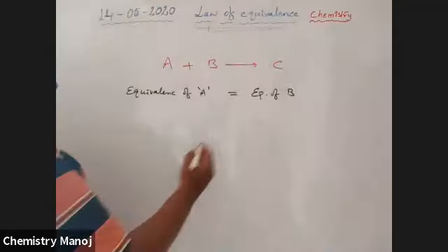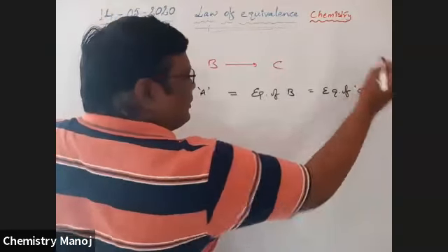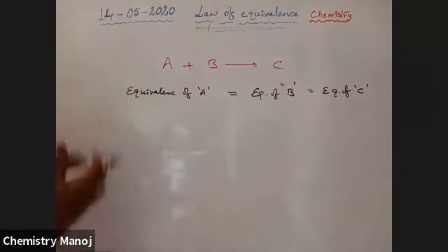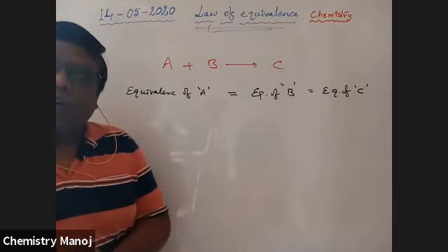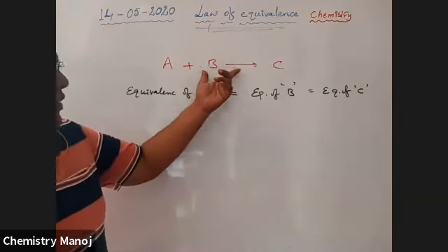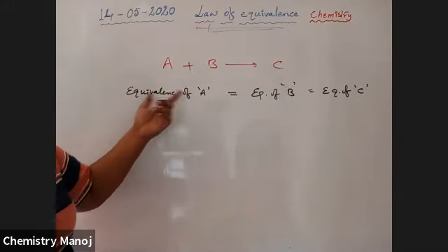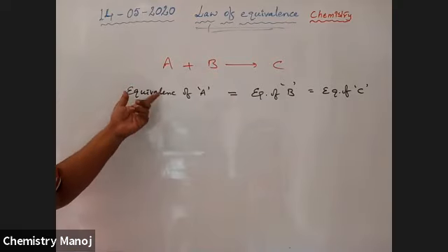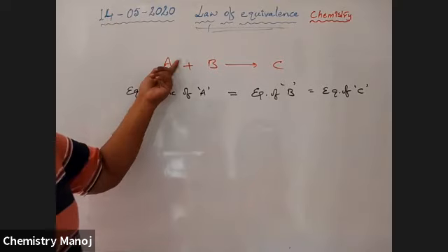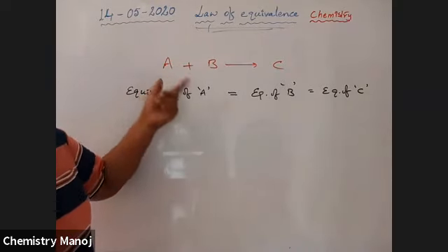That also gives equal to equivalence of C also. So this is nothing but the law of equivalence. What is the law of equivalence? Whether a chemical reaction is balanced or unbalanced, in a chemical reaction, equivalences of substances reacted are equal.